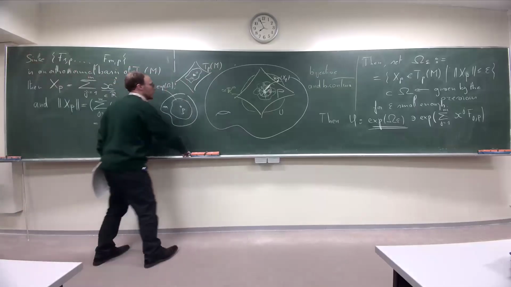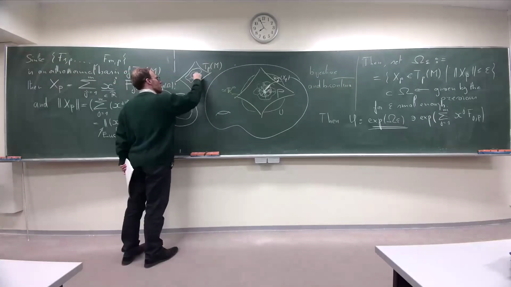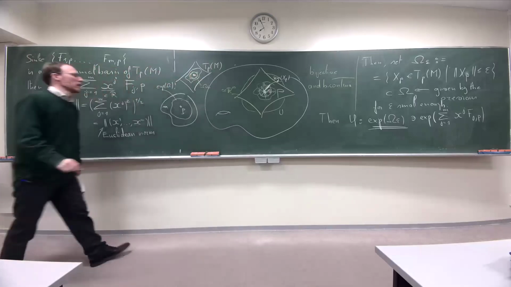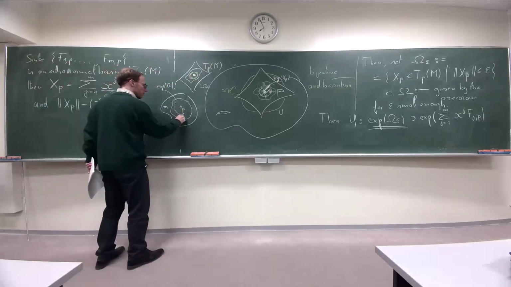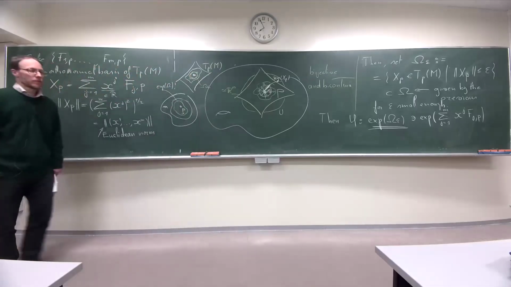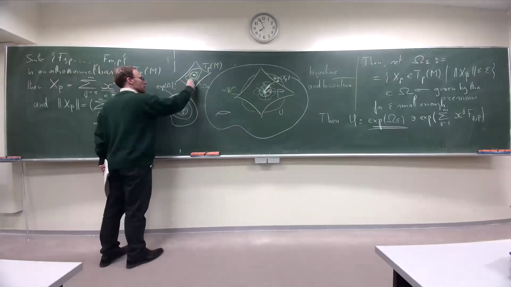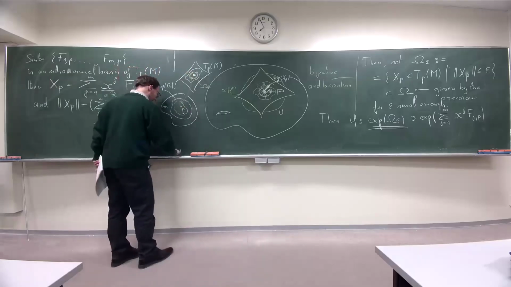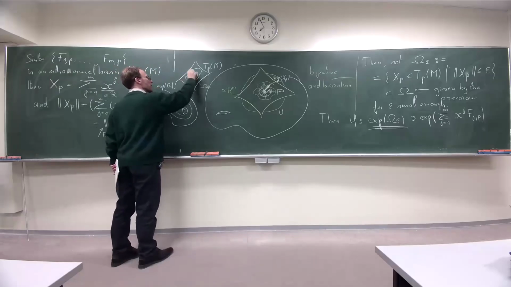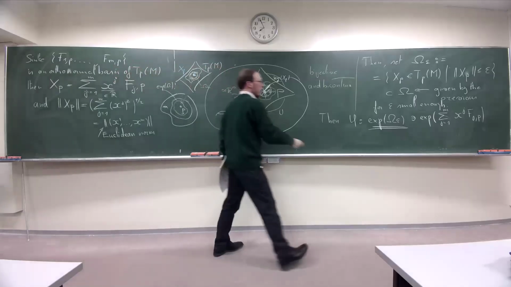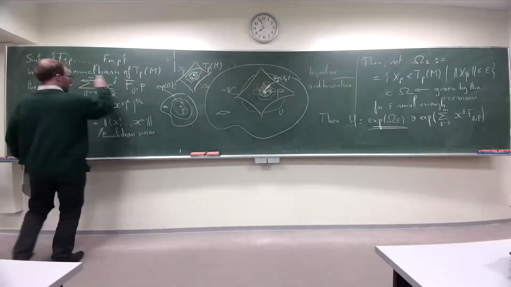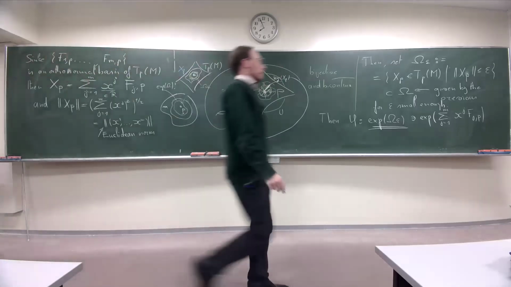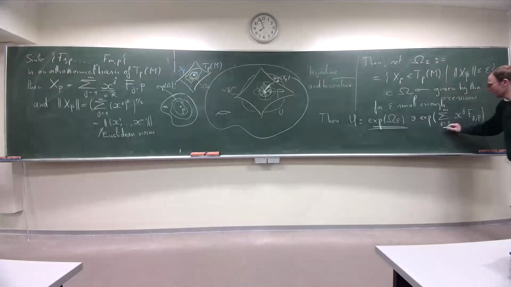Now I'm claiming I take a small ball here. This is omega epsilon. Of course, its image is going to be slightly something like this. Again, it's bijective. And any vector inside this ball, any xp, I decompose it according to this decomposition. So I decompose it on a basis, right?